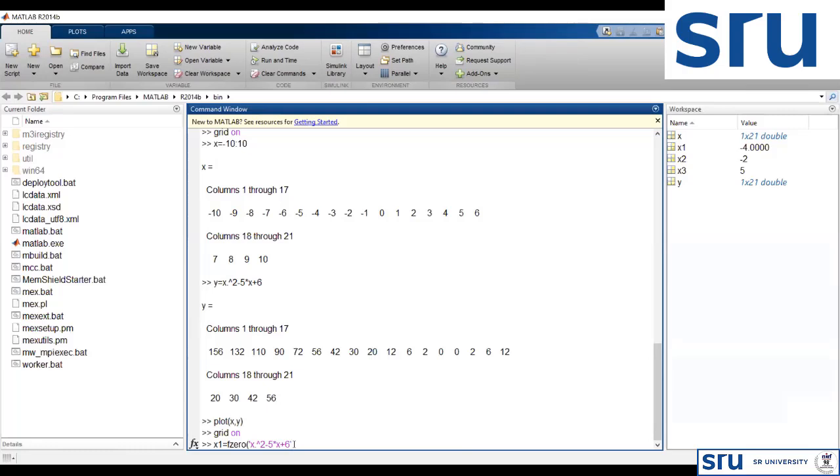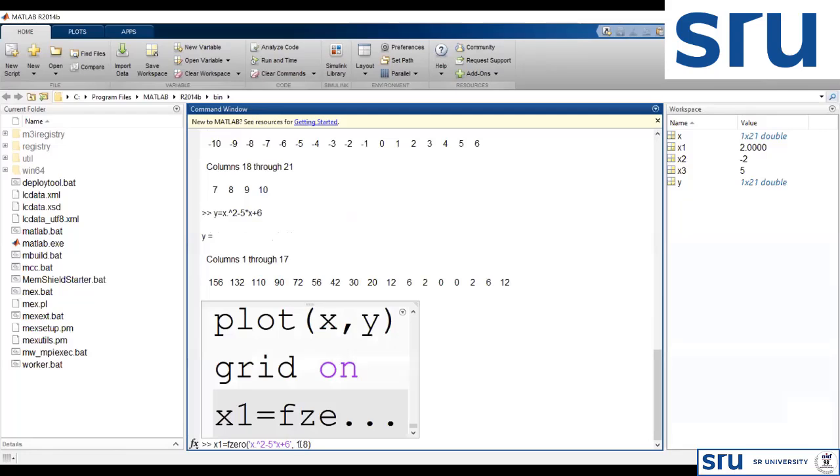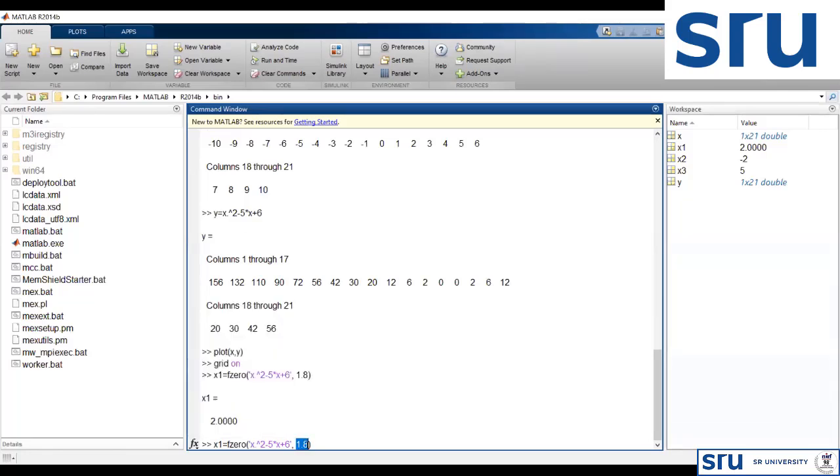Now you have to take the first initial guess value. I am taking 1.8. Now you see the exact root is 2. Similarly for x2 also, you just change this value. You tell me any initial guess value, because the exact root is 3. 3.4.